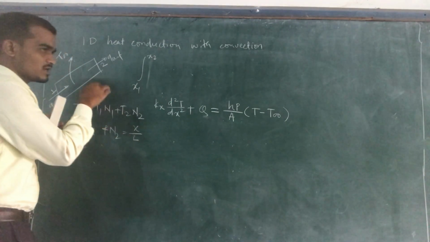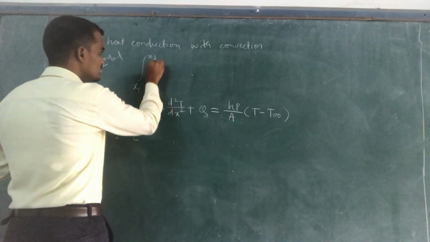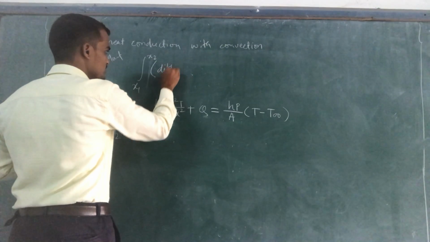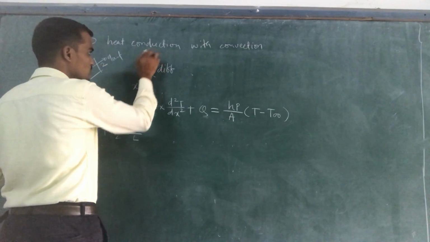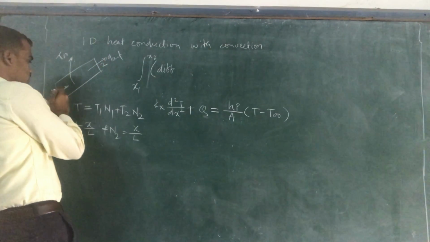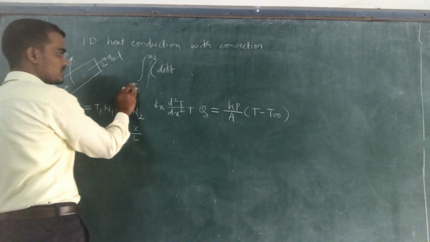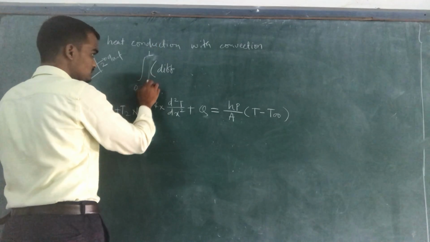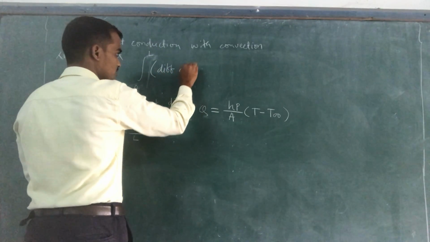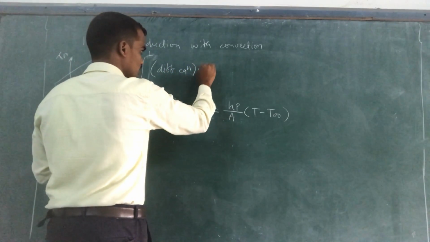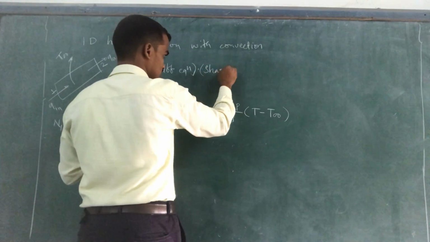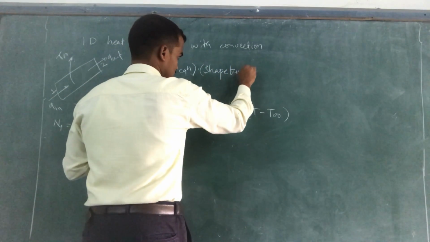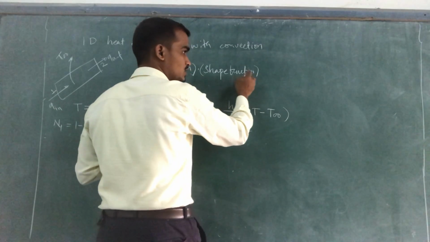As we know from Galerkin's approach, we integrate the differential equation over limits x1 to x2, which means from 0 to length L. So we can write it as the integral from 0 to L of the differential equation times the shape function times the control volume.